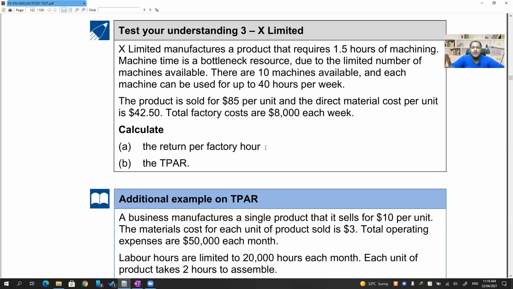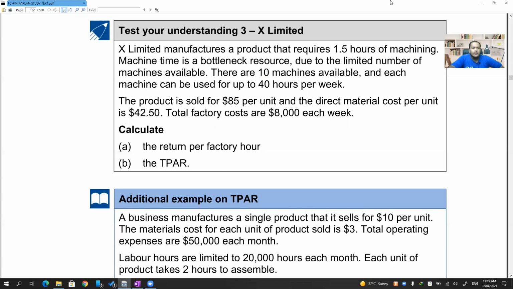What is the return per factory hour? What is the throughput? 85 minus 42.5 is 42.5. It takes 1.5 hours for each unit, so 42.5 divided by 1.5. Per hour we are getting 28.33, correct?